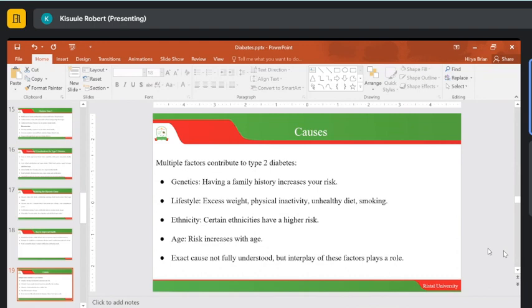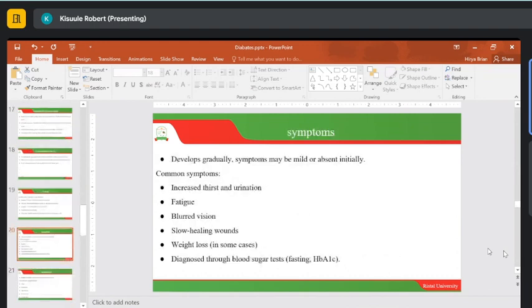There are mediating factors, there are confounders, etc. We can associate, but we can't have conclusive evidence that A causes B, because there are a lot of various factors, unless it is known and a lot of research has been done on it. So the exact cause is not fully understood, but the interplay of these factors plays a role.